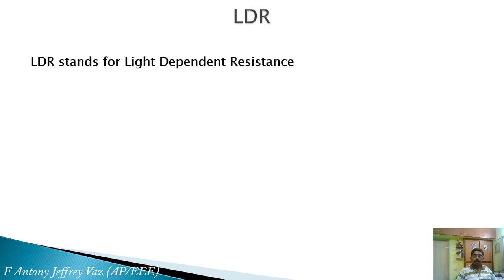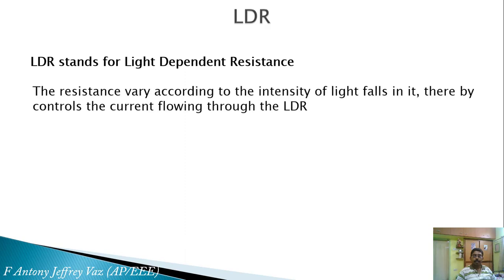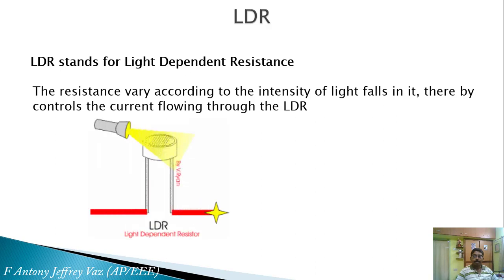LDR stands for light dependent resistance. The resistance present in the LDR will vary depending on the light falling on it. This is the LDR. If the light falls on it, the current will start flowing.